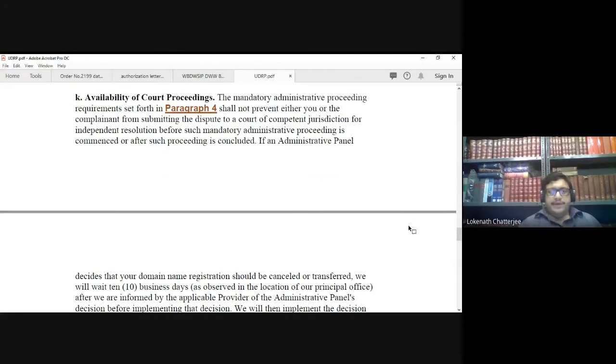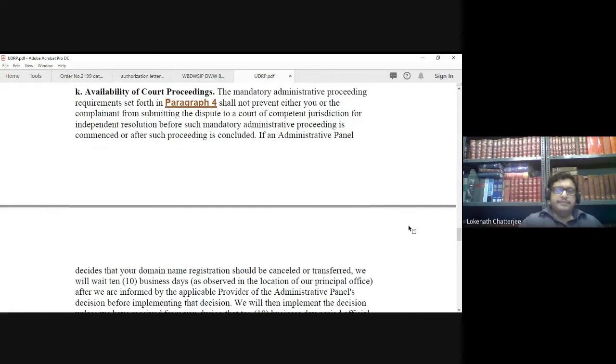What happens in case it clashes with court proceedings? Now, it will not prevent any party to approach a court either before or after mandatory administrative proceeding. However, mind you, the policy does not talk of doing away with the administrative panel or mandatory administrative proceeding.